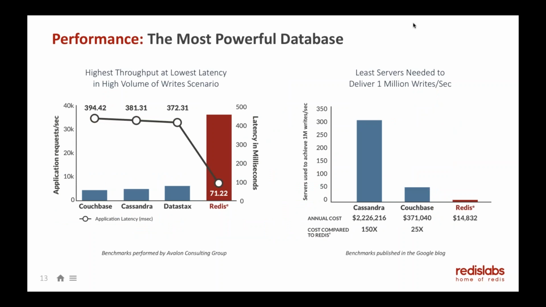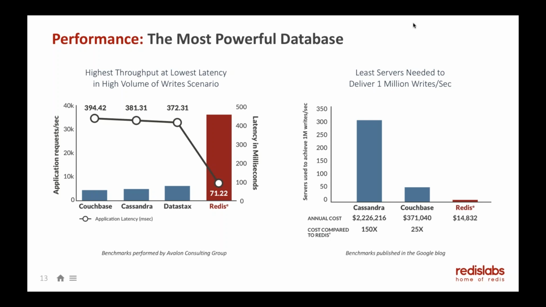Okay, more about performance. Since Redis runs in memory, it's known for high performance for both read and write operations. Avalon Consulting Group, a third-party group, ran some benchmarks against some of the NoSQL competitors. And what Avalon found was Redis Enterprise had the highest throughput, and this is for write operations.